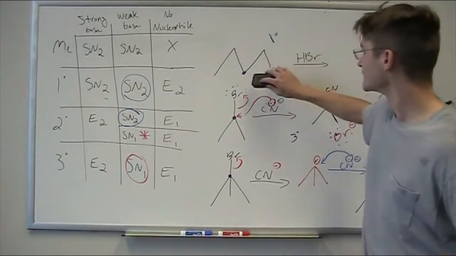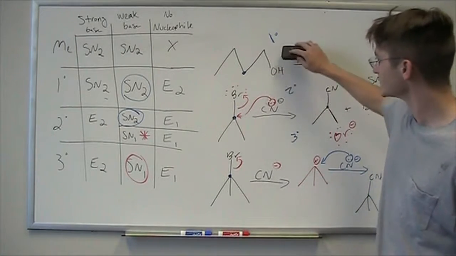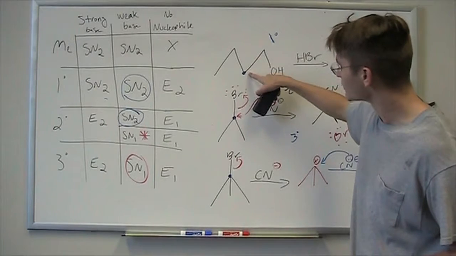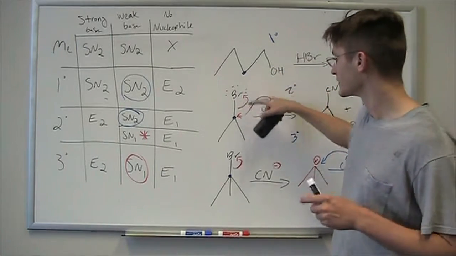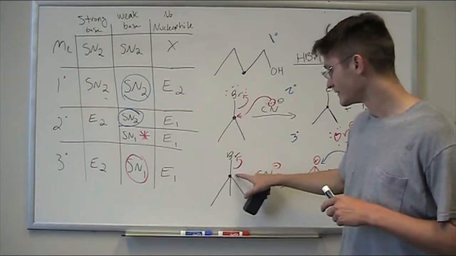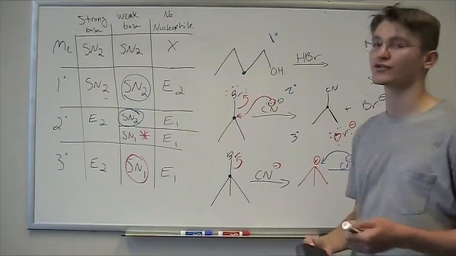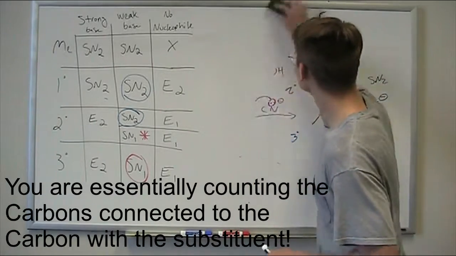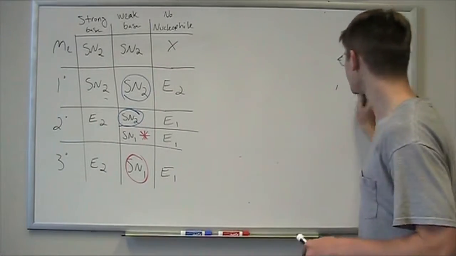And once again, how we see what it is: what is this carbon attached to? It's a 1°. It's only attached to 1 other carbon. This carbon is attached to 2 others, so it's 2°. This carbon is attached to 3 other carbons, so it's 3°. So let's go ahead and work on some other problems.